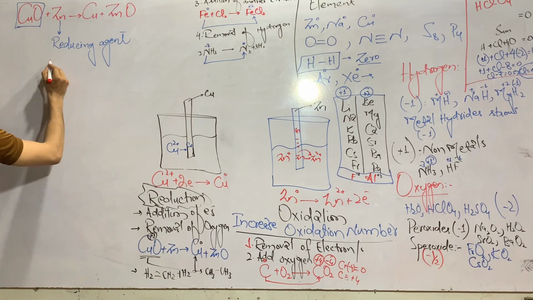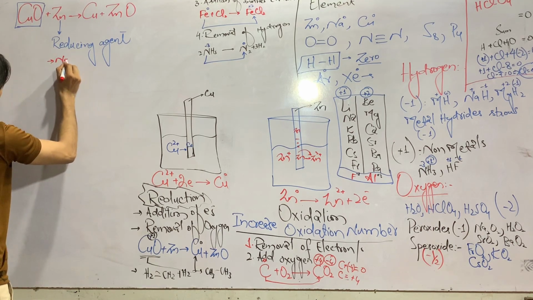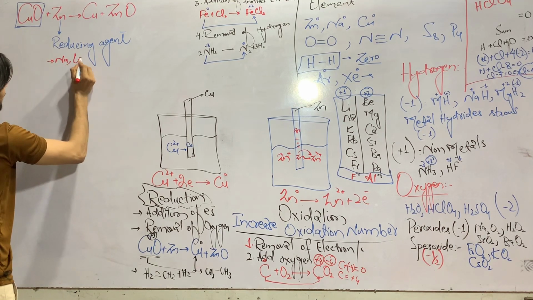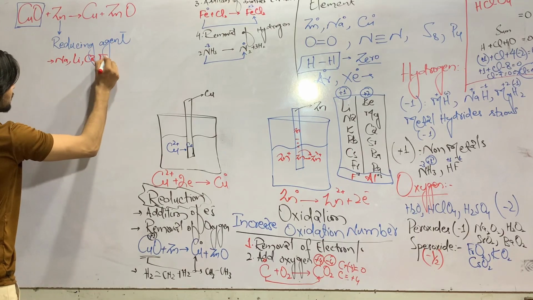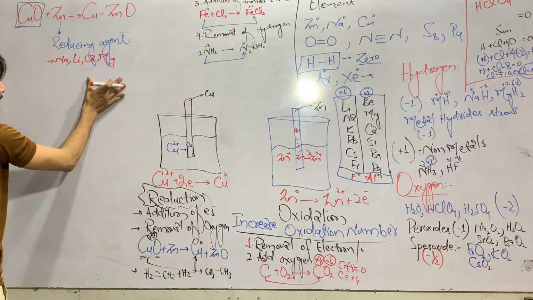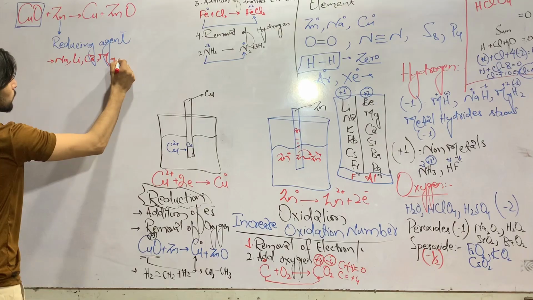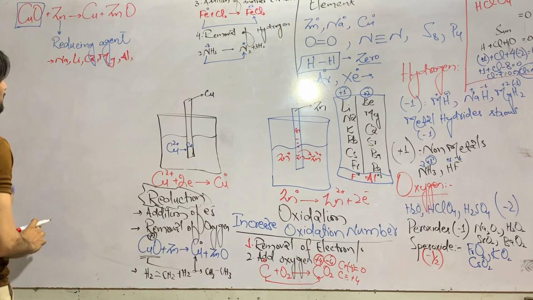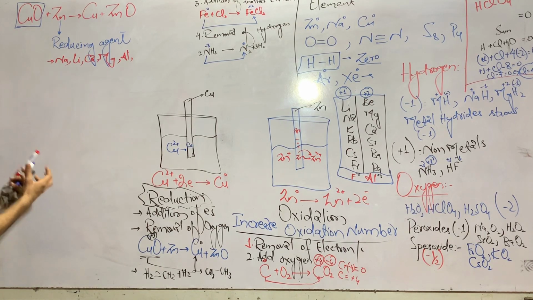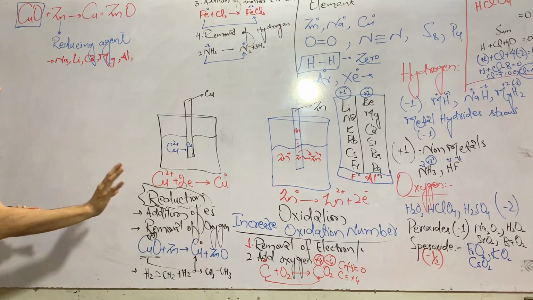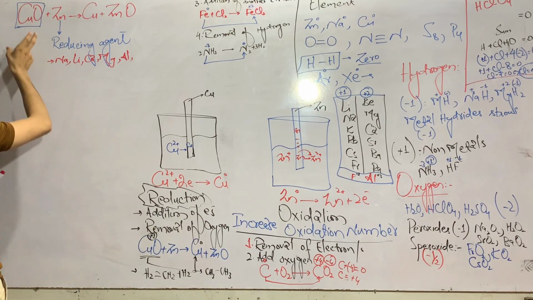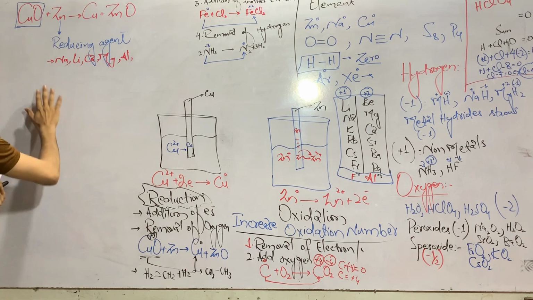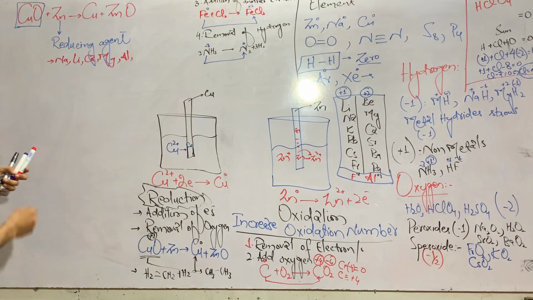Could be sodium, which acts as a strong reducing agent. Lithium, calcium, magnesium, meaning metals, especially of group 1 and group 2, and aluminium, and we discussed zinc. They act as reducing agents because they are ready to lose electrons, to give up electrons to other species to which they are reacting. So they are good reducing agents.